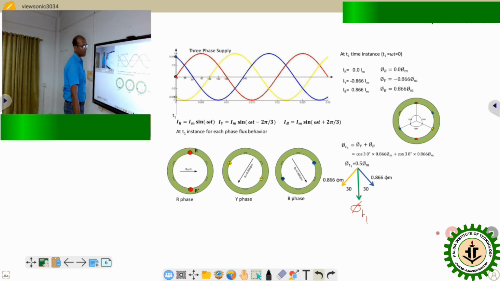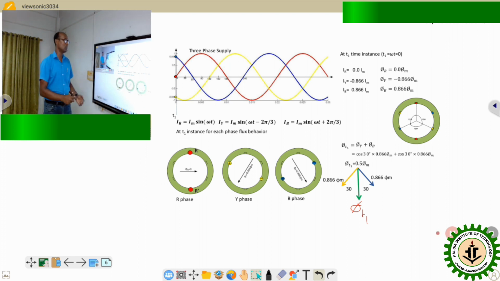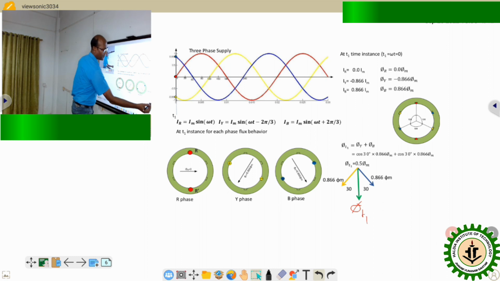That phi t1 is the combination of Y phase flux and B phase flux. If we add up their phase sum, with respect to the phi tm direction, the contribution of Y phase is at an angle of 30 degree. Similarly, the B phase contribution towards that downward phi tm direction is also 30 degree.